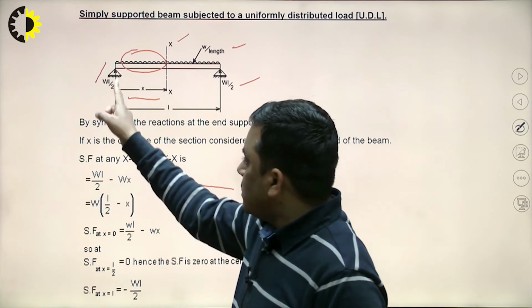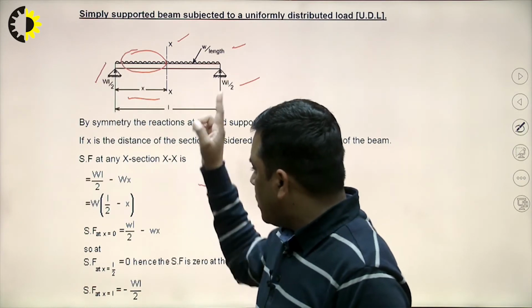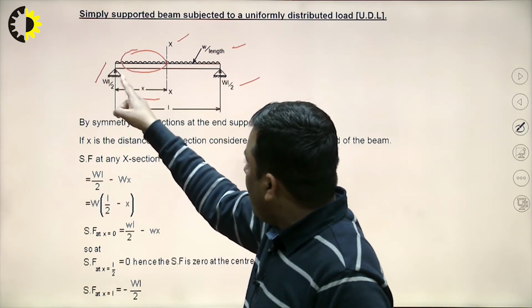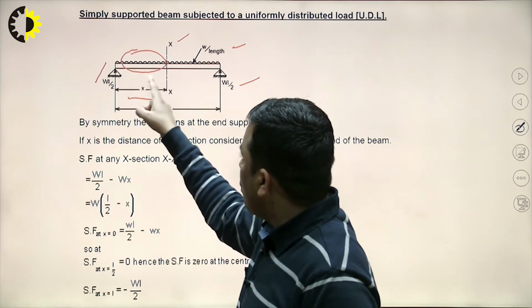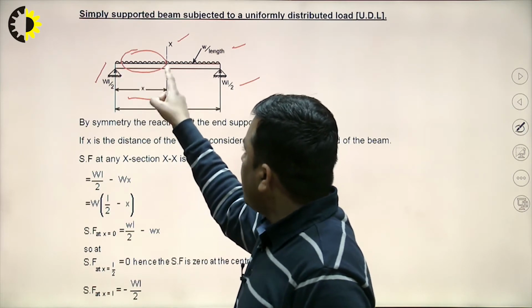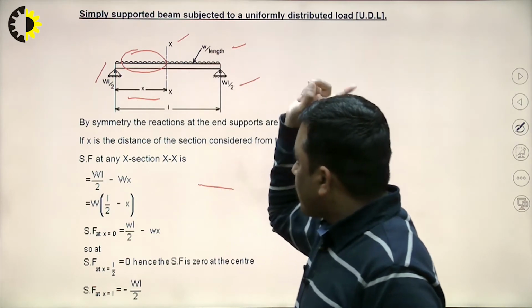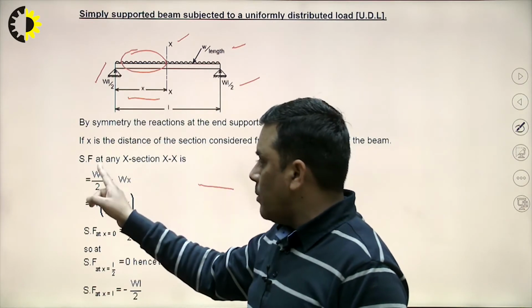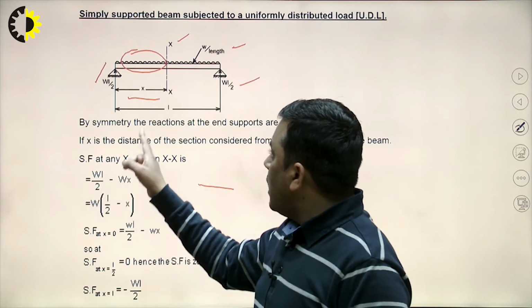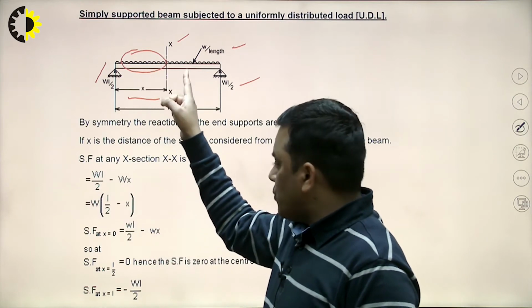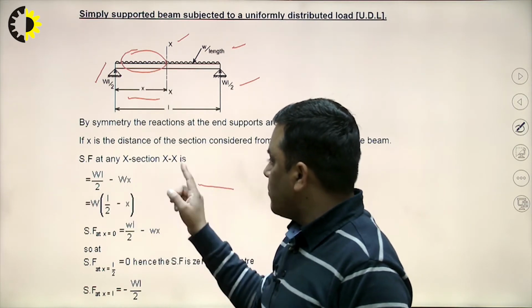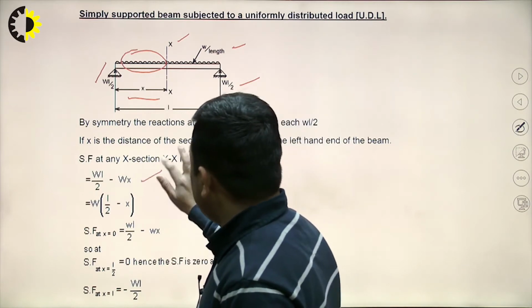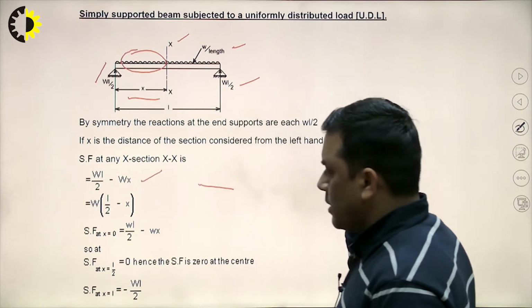WL/2 is the support reaction, and Wx is the load due to the UDL on the left side. Left side upward forces we consider positive, and left side downward forces negative. So the equation is WL/2 minus Wx.